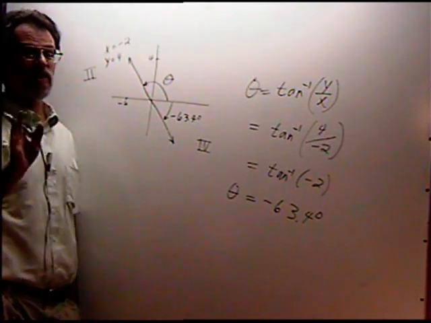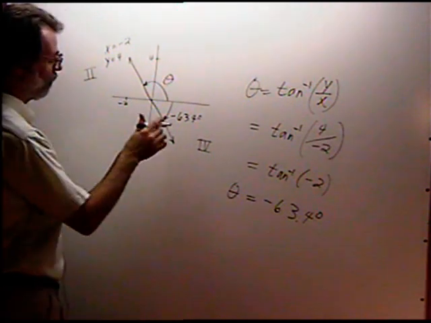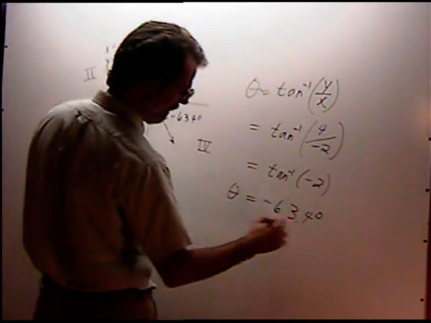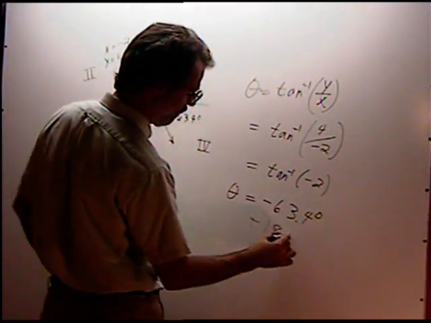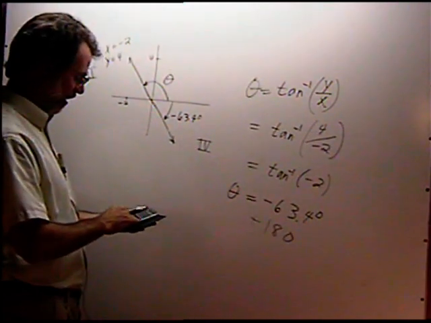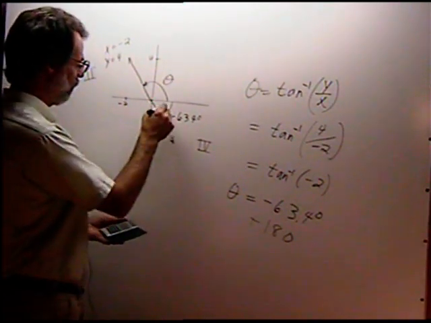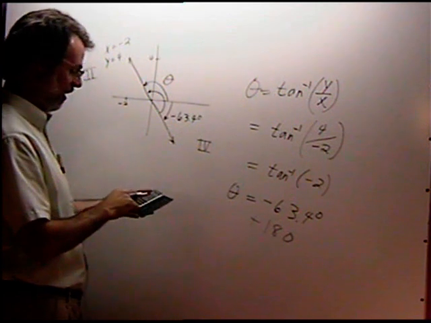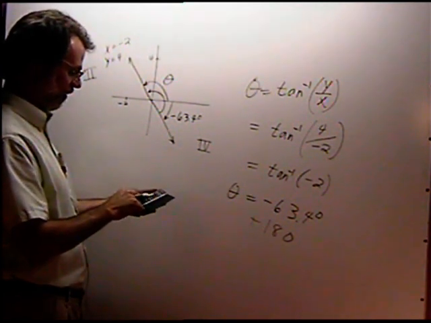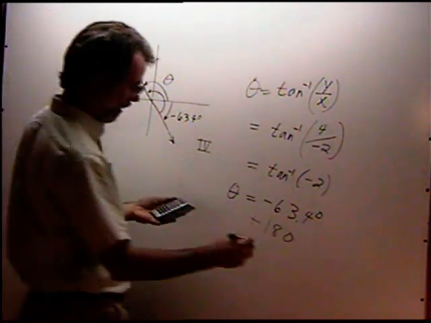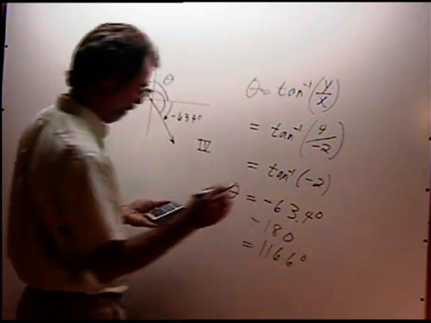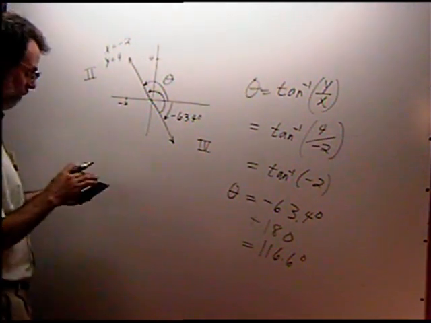So you have to be smarter than the calculator, and realize this isn't right. What I have to do is add 180 degrees to this. So I add 180 degrees to this, and I get 180 minus 63.4, and I get 116.6 degrees.